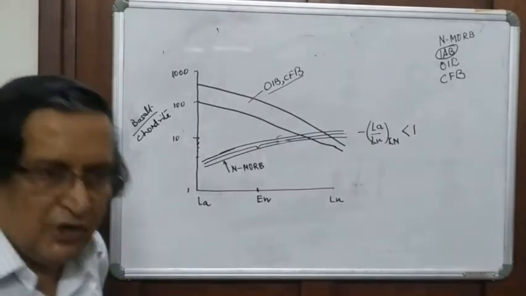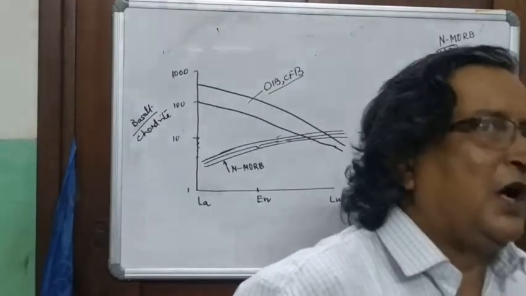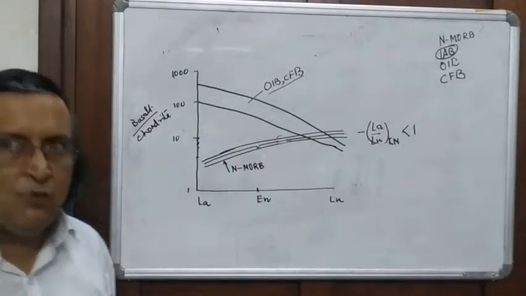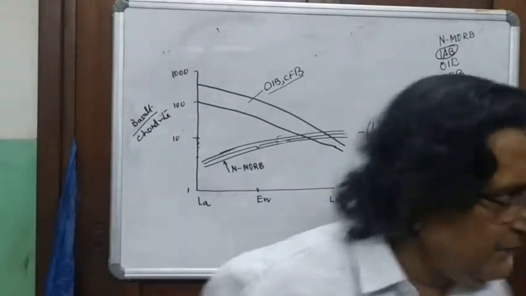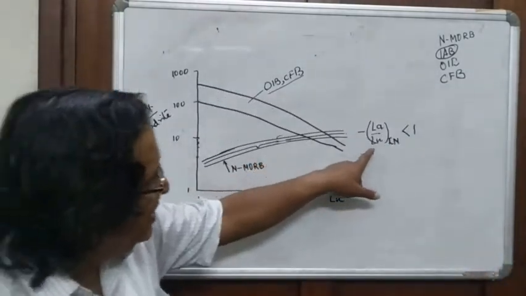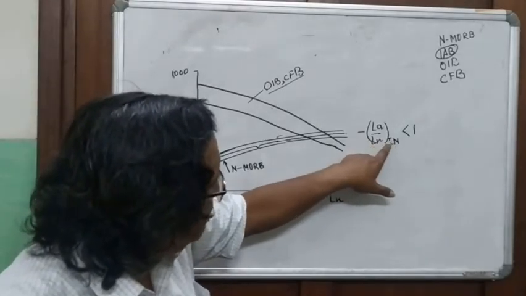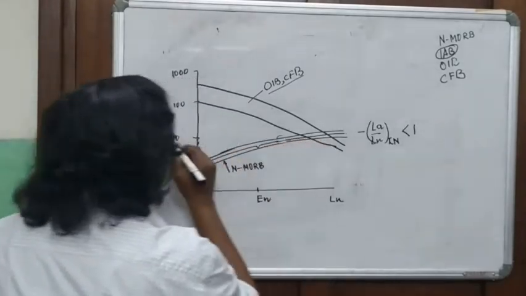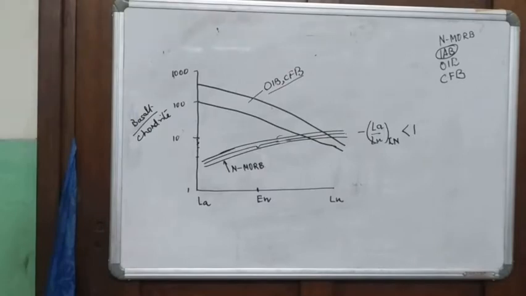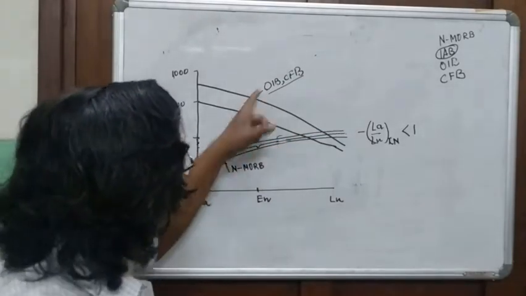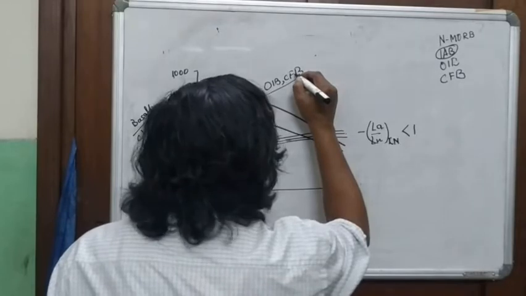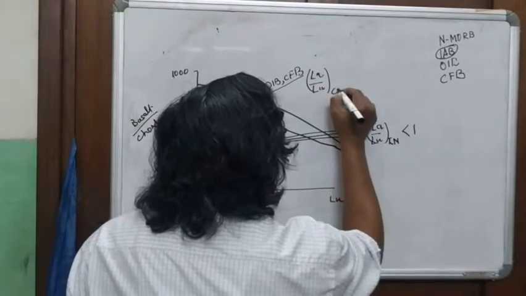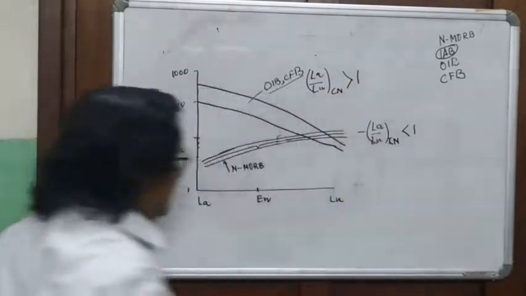That is damaging, because what we taught was that La by Lu chondrite normalized should be greater than 1 for all. And here I see La by Lu chondrite normalized is less than 1, and most of them are below 10 times chondrite. This is this slope. But OIBs and CFBs, their lanthanum by lutetium ratios, chondrite normalized, are greater than 1.